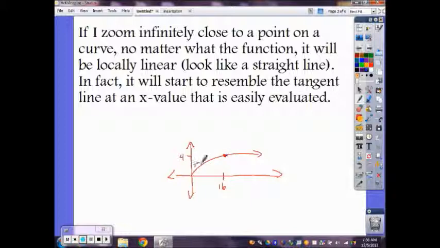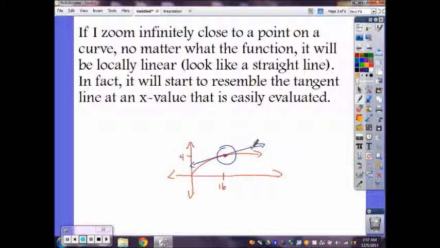Here's the tangent line for x equals 16. And if I zoom in really close to this section of the curve, it's going to start flattening out and becoming a straight line. And the section of the curve at x equals 16.1 is going to start looking like that tangent line.